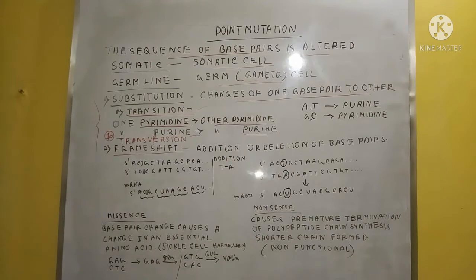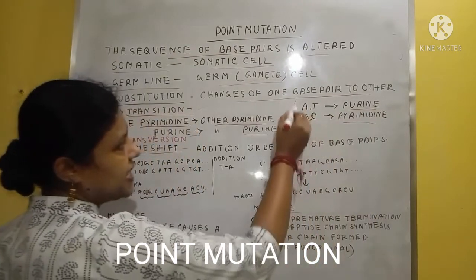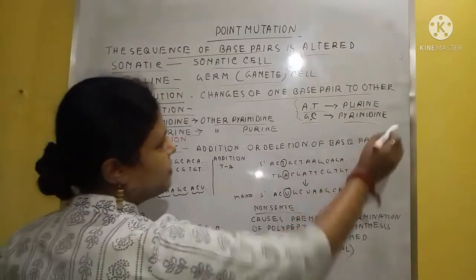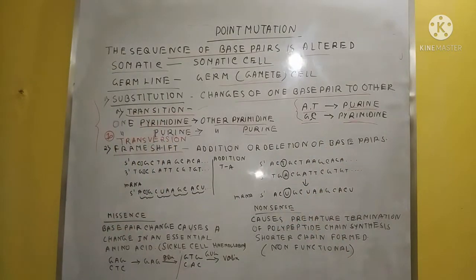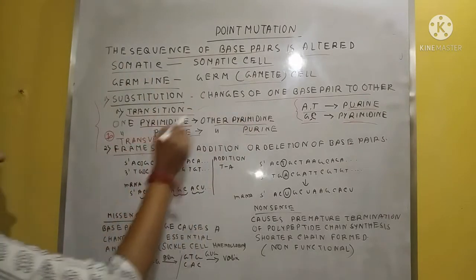Here the change is possible within the same base type. You know all about what the purine bases and pyrimidine bases are, AT and GC. AT is the purine base and GC the pyrimidine base. So here the change is possible within pyrimidine to pyrimidine or purine to purine.